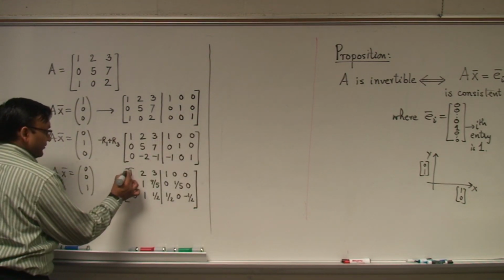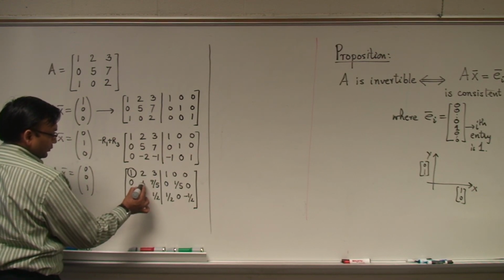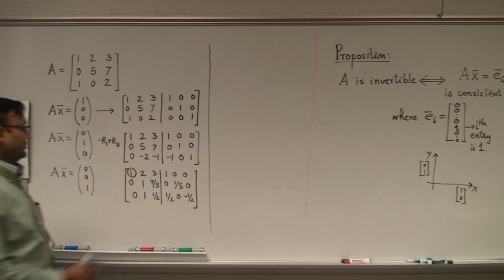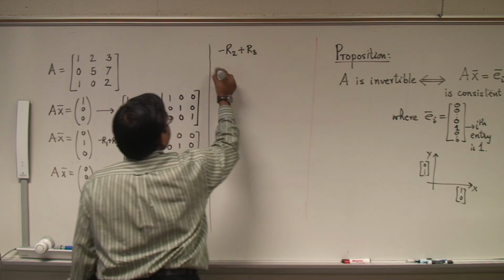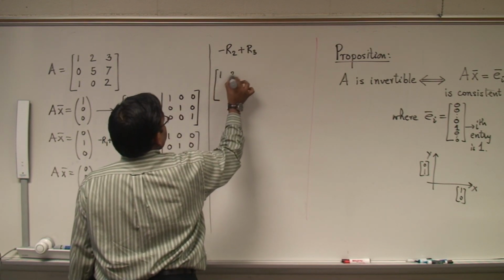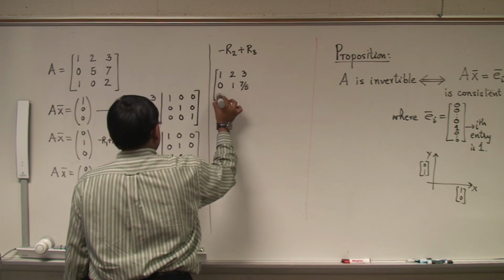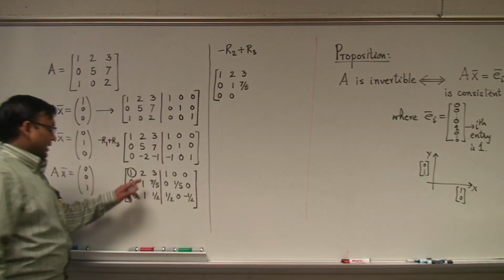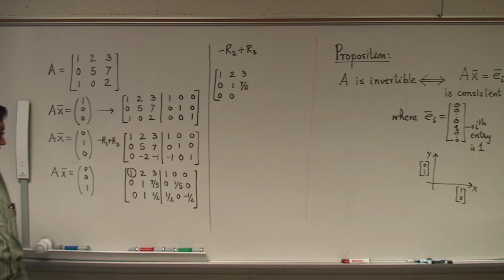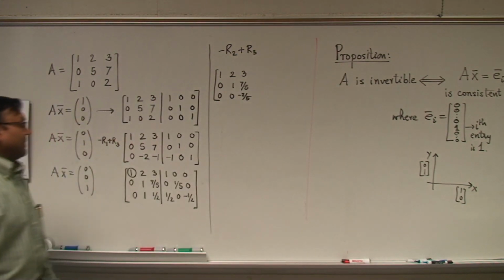So right now, this entry is a pivot entry. This entry can become a pivot entry provided I can use this to get rid of the entry below it. So let's do that. Minus row 2 added to row 3. So this is 0. This will be 0. And this will be basically 5/10 minus 14/10. So it will be minus 4 over 10, so minus 2 over 5.